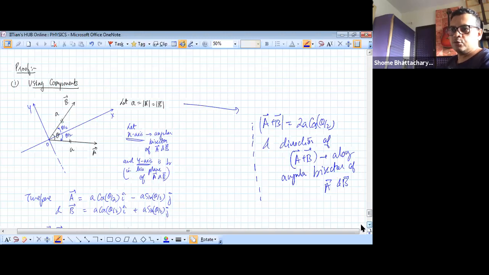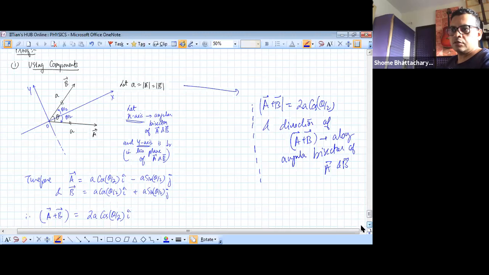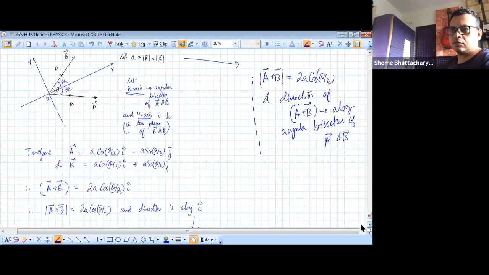Okay, now let us look at the proof of this same theorem using the triangle law, which is quite a bit trickier, but nonetheless it will give us the same proof.